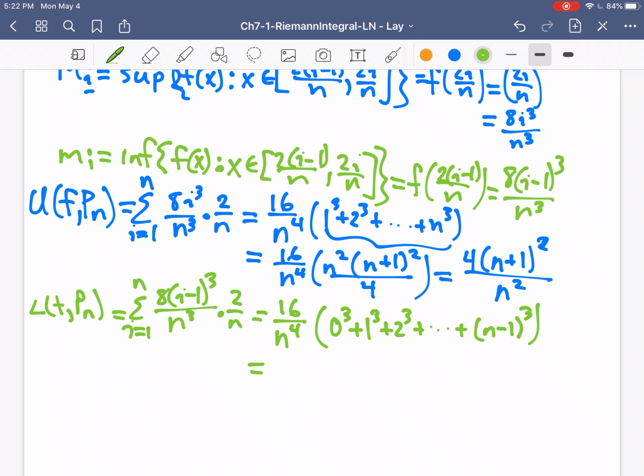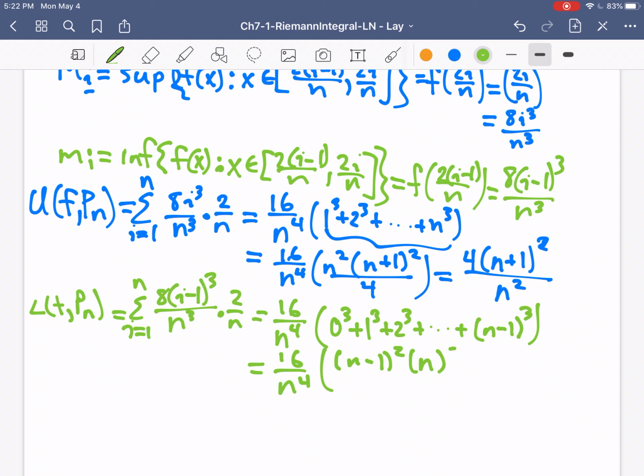So that same formula from before, it actually still works. So we have 16 over n to the fourth. So instead of this stopping at n, we're going to have n minus 1 where we stop. So n minus 1 squared times n minus 1 plus 1.